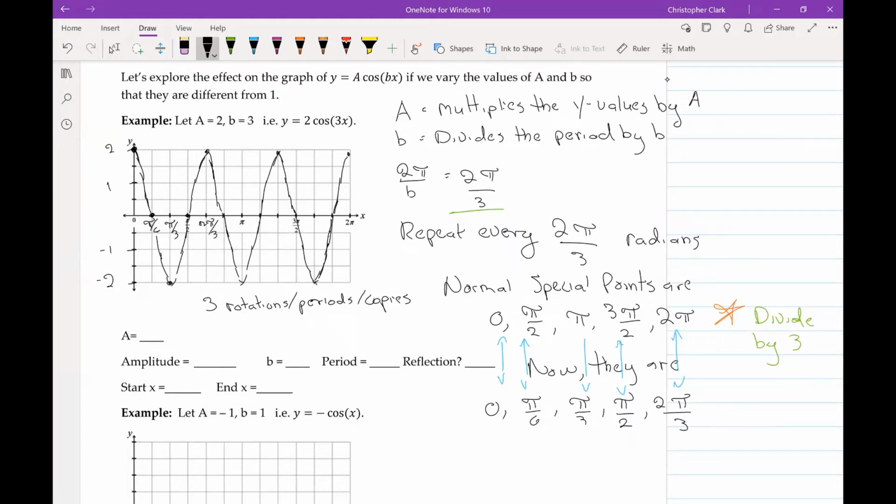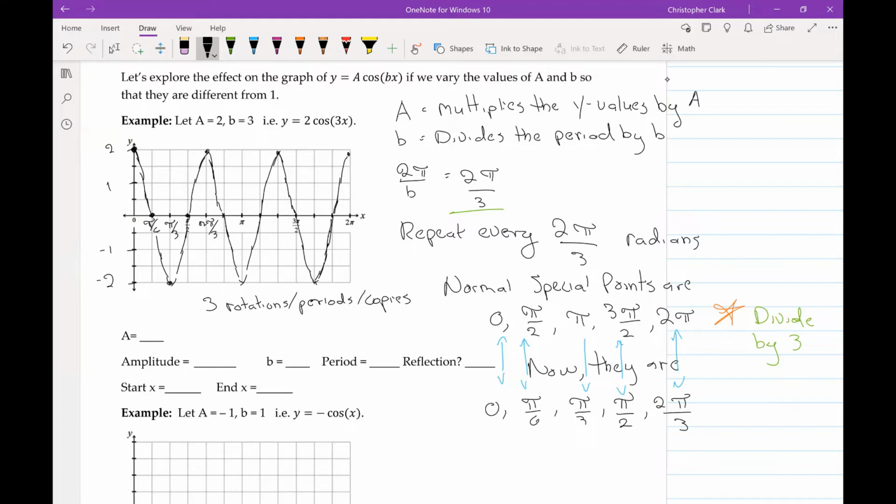Normally each special point moves by pi over 2: 0 to pi over 2, plus pi over 2 is pi, plus pi over 2 is 3 pi over 2, and again, plus pi over 2 is 2 pi. So the special points jump by pi over 2, but we've now divided them by 3, so our new special point jump is pi over 6.